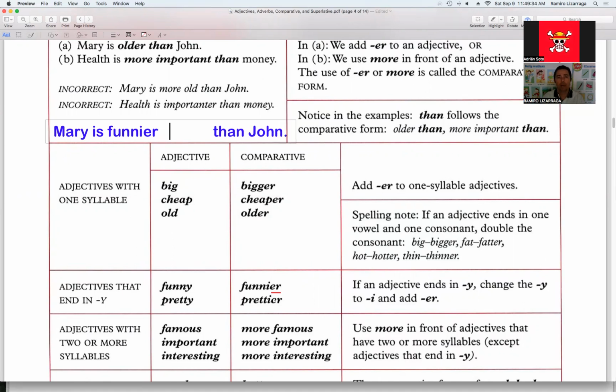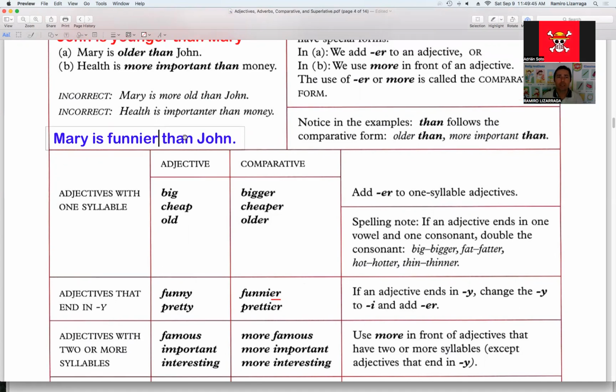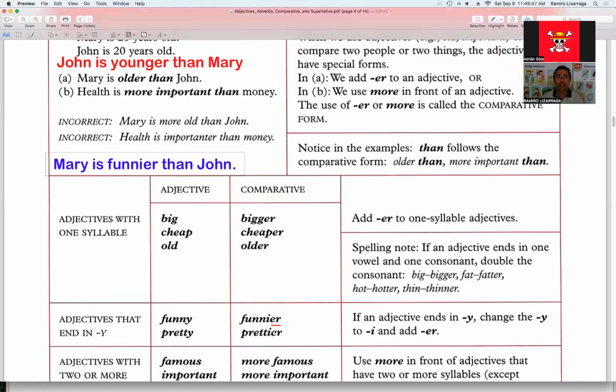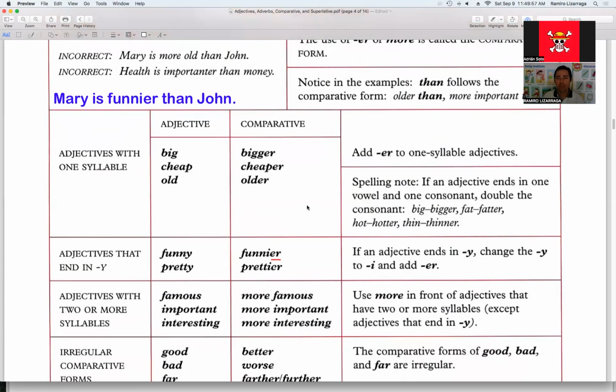Bueno, tengo que comparar. Entonces, Mary is funnier than John. Y vean que estoy usando la palabra than, ¿no? Fíjense aquí. Older than, important than. Here we have funnier than. Vean que estamos agregando la palabra than, ¿no? Ok.